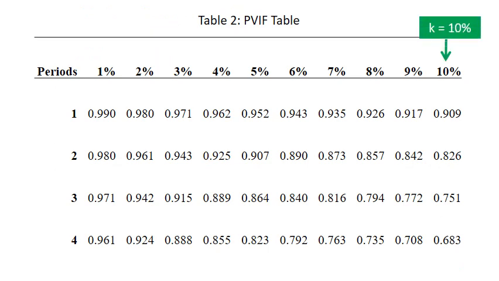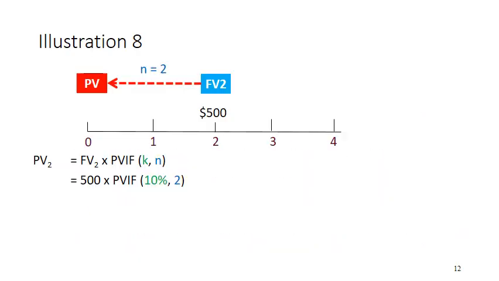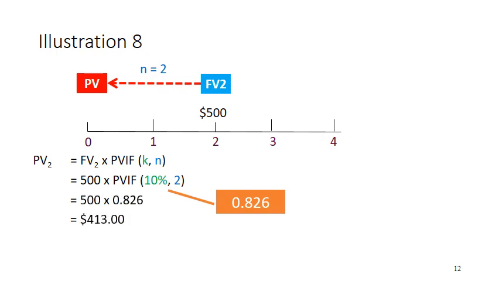We are given K value and N. So the intersection is the answer. Substitute the answer from the table, and get a final answer of 413.